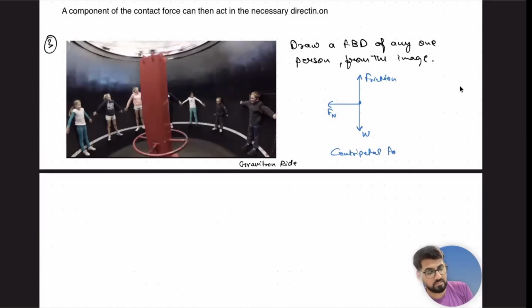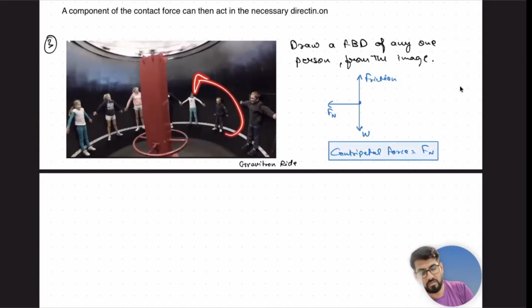And that is the reason why you might have seen in the video that they need a certain speed, then only they can remove the floor, otherwise the person will fall. Why? Because once they have a particular speed, the friction is equal to what?